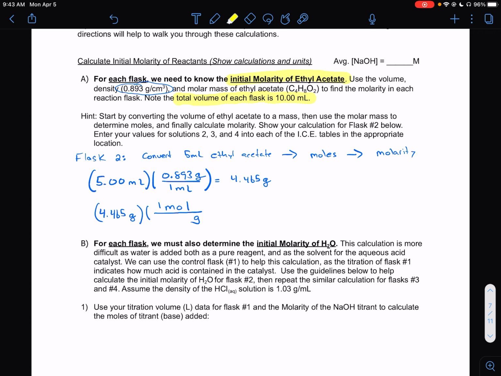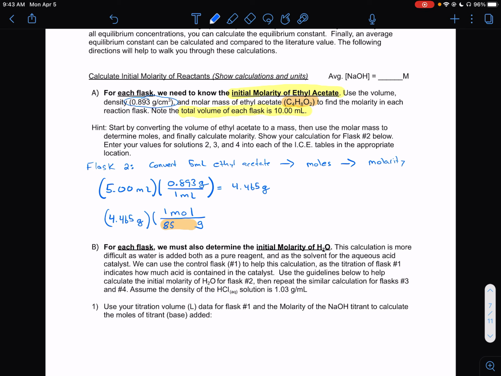We're going to need to calculate the molar mass of ethyl acetate using the molecular formula shown here. When I did that, I got 88.104 grams. So we multiply that out, and I get 0.0507 moles.